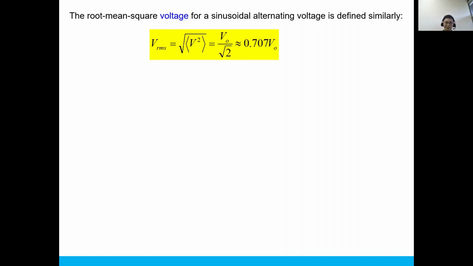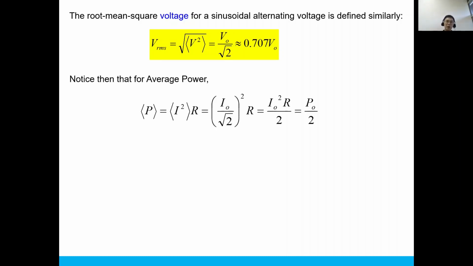Next, if you look at the power, since power equals the mean square current times R, you can take the root mean square current squared times R. If you work it out mathematically, you get I naught squared R in the numerator, and the square of square root 2 gives you 2.